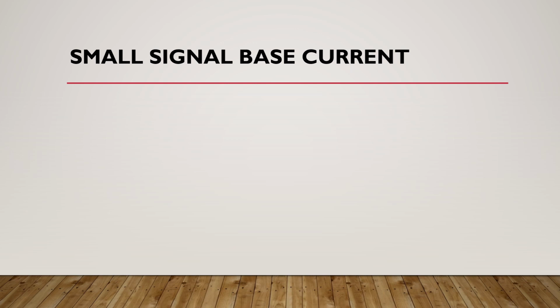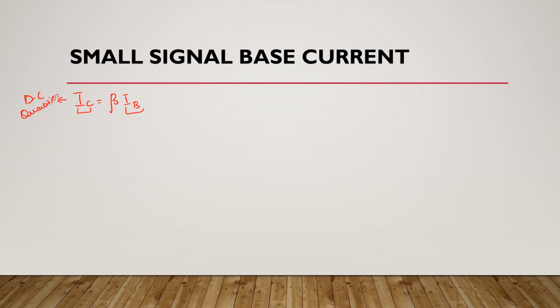Now we will talk about small signal base current. We know that the relationship between DC collector current and DC base current is given by IC is equal to beta IB, where this IC and this IB are DC quantities.